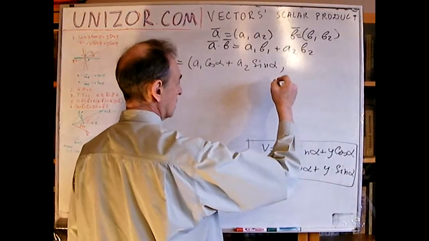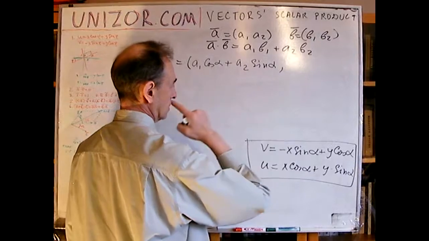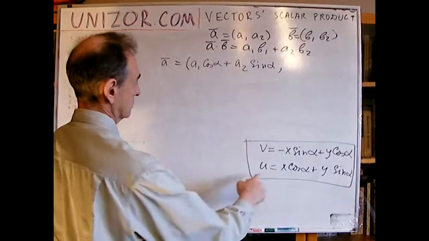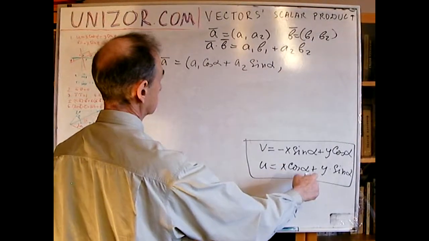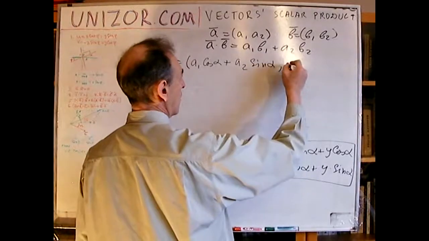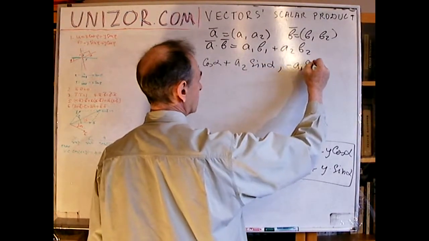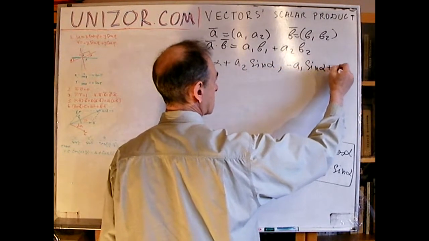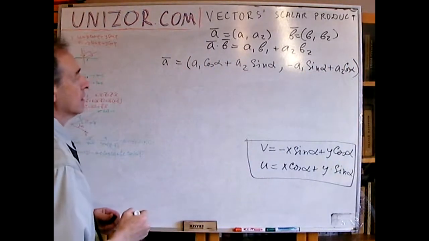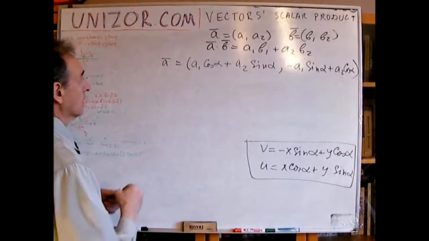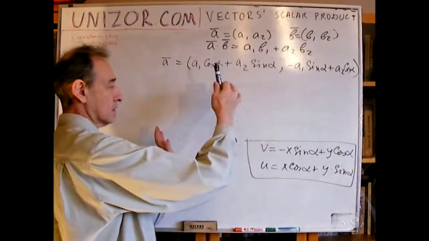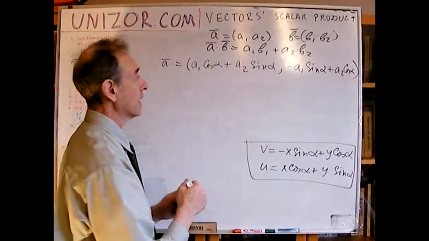And the ordinate, am I right? Yeah, I think I'm right. And the ordinate is minus A1 sine alpha plus A2 cosine alpha. So that's how my vector A1, A2 looks in the new coordinates which are rotated from the old ones by angle alpha.